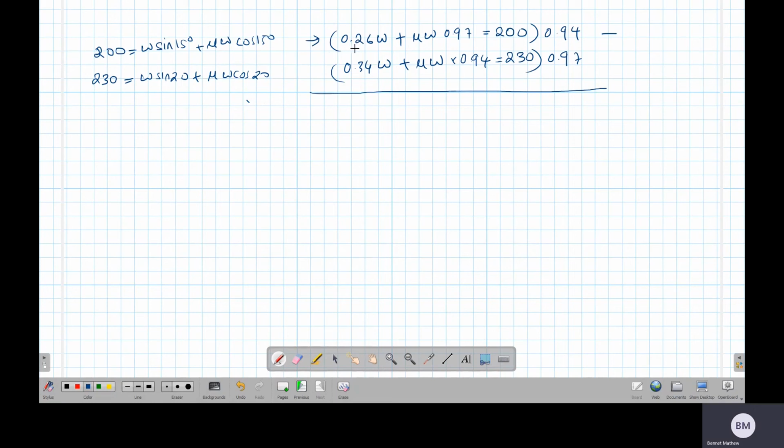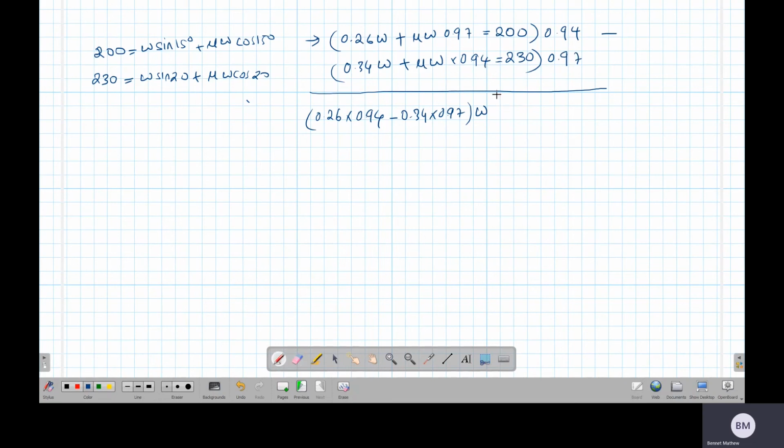You get 0.26 into 0.94 minus 0.34 times 0.97 times W, plus mu W into 0.97 into 0.94 minus mu W into 0.94 into 0.97. Both are the same, right? So this will be 0.